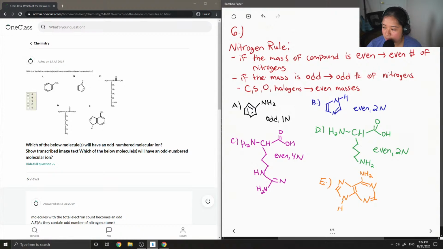We have 1, 2, 3, 4, 5. So therefore this is odd. And then we can say molecules A and E will have an odd numbered molecular ion.